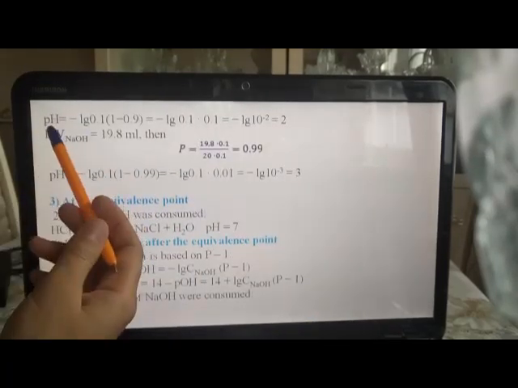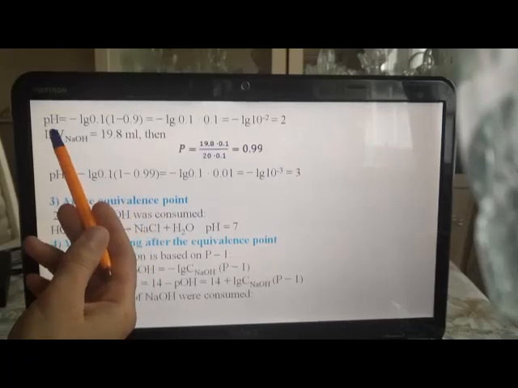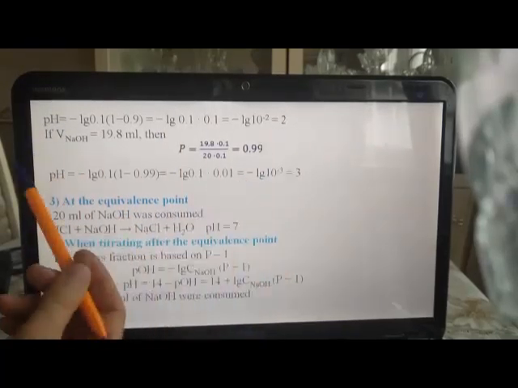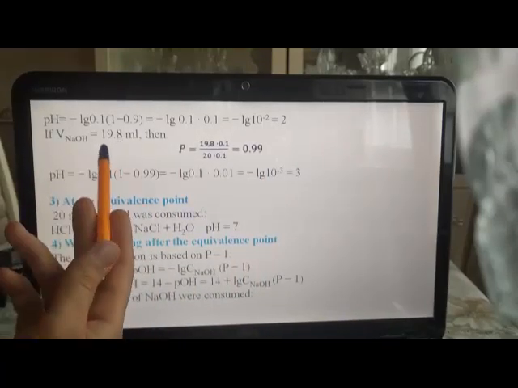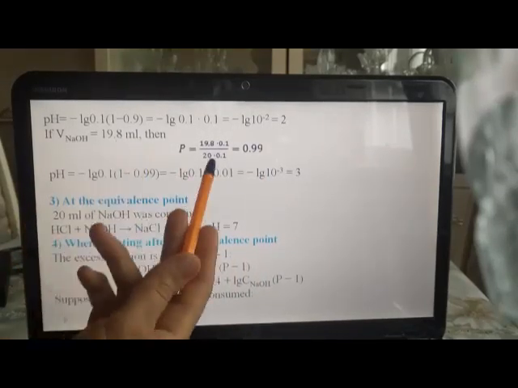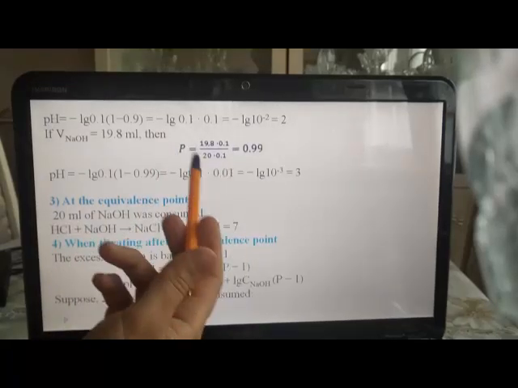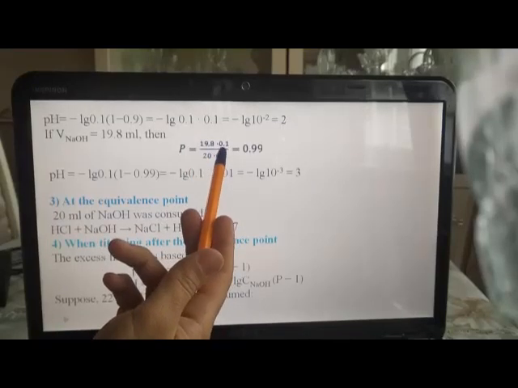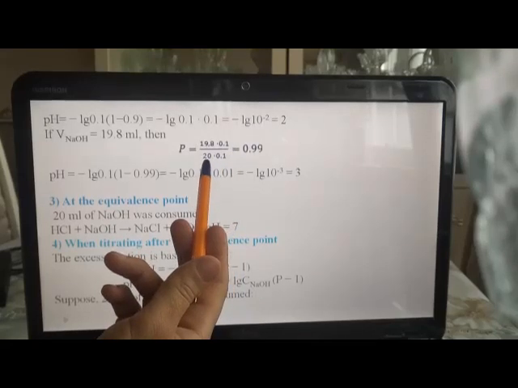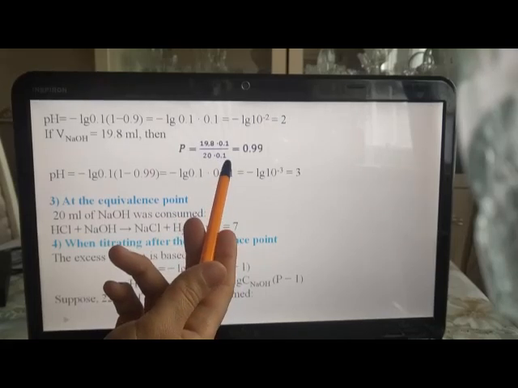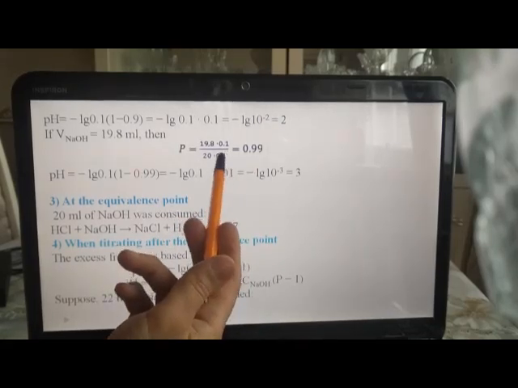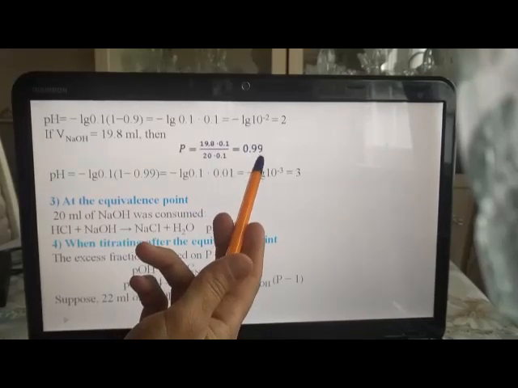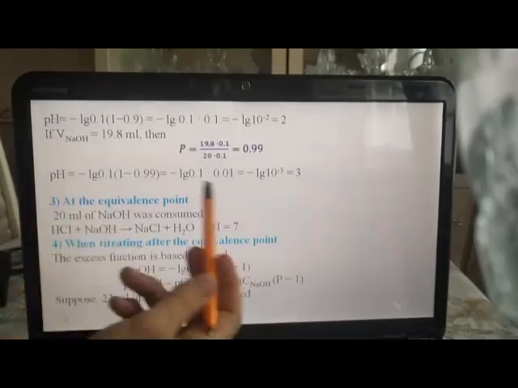And pH from the calculation we can find. If the volume of sodium hydroxide is equal to 19.8 milliliters, then P is equal to 19.8 milliliters of sodium hydroxide at 0.1 normality, divided by 20 milliliters of hydrogen chloride multiplied by 0.1 molarity, equal to 0.99, and pH from the equation is equal to 3.